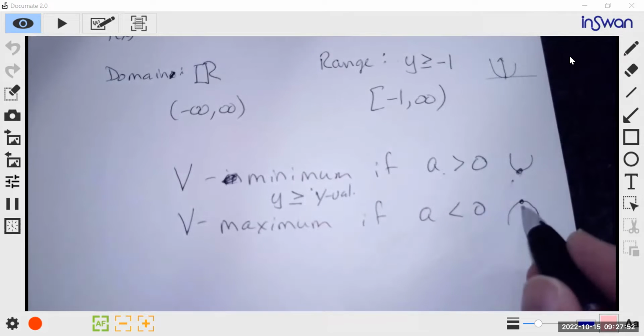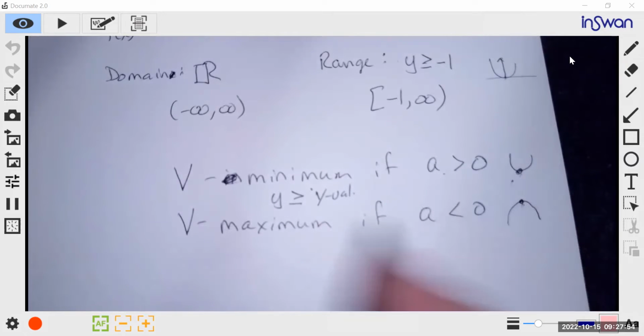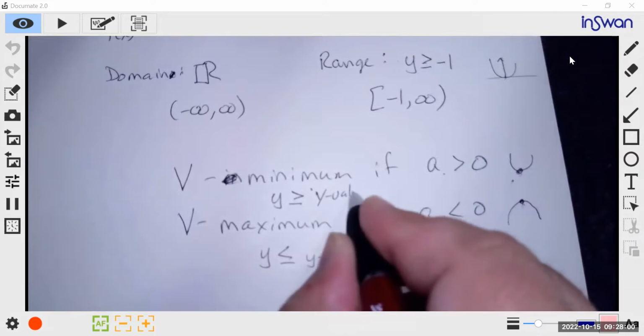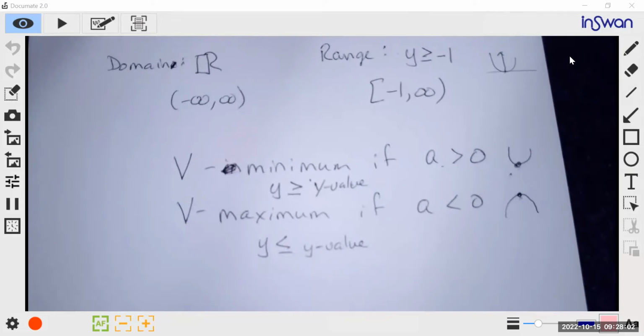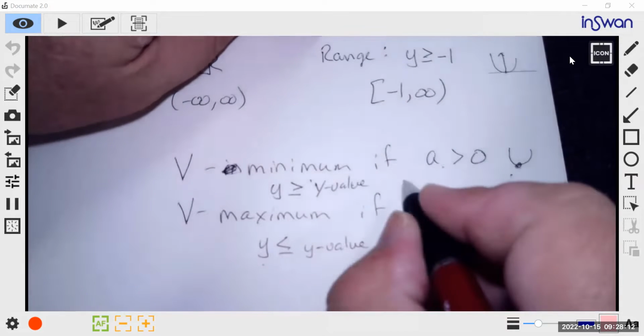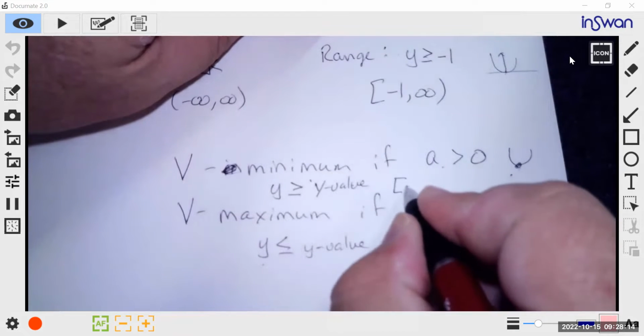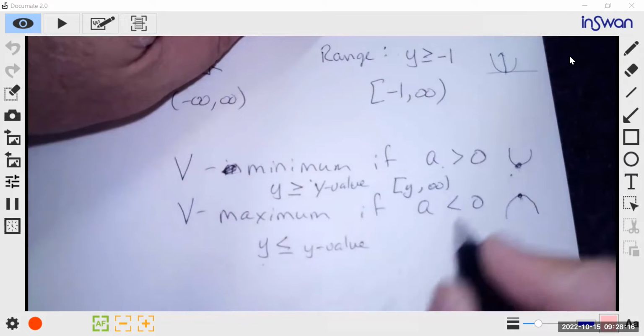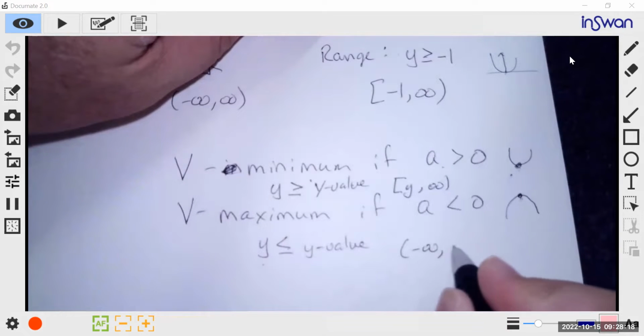If A is negative, then the range is y is less than or equal to the y value. Or, in interval notation, y comma infinity, or negative infinity comma y.